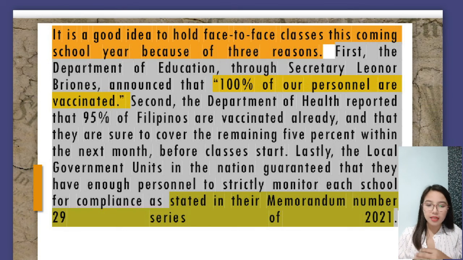Second, the Department of Health reported that 95% of Filipinos are vaccinated already and that they are sure to cover the remaining 5% within the next month before classes start. Lastly, the local government units in the nation guaranteed that they have enough personnel to strictly monitor each school for compliance, as stated in their Memorandum Number 29 Series of 2021.